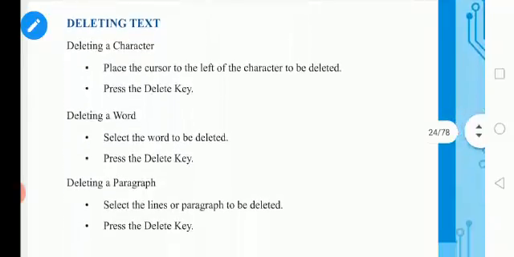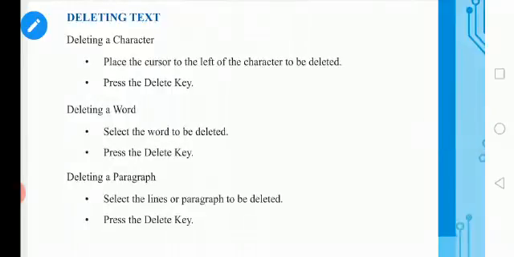Now we have to delete a text. So far we have learned how to select a text. Now deleting a text, character or a word. How to delete? First we have to place the cursor to the left of the character. If we want to delete a particular letter, first we place the cursor, that blinking line you already know, to the left of the character, and if you press the Delete key on the keyboard, that particular character alone will be deleted.